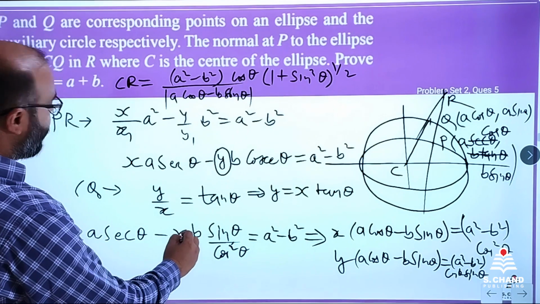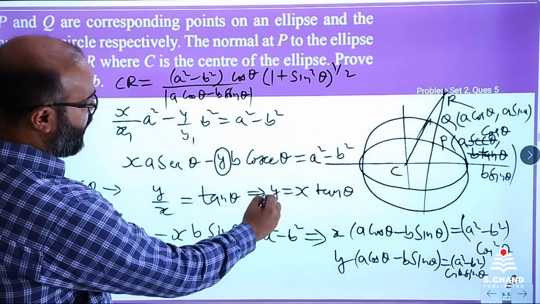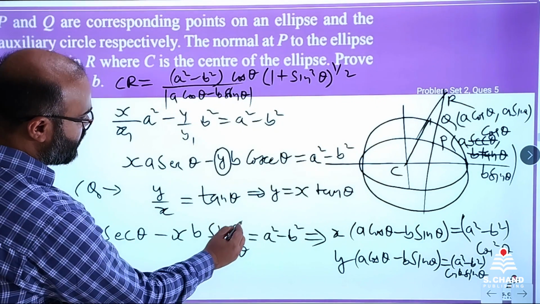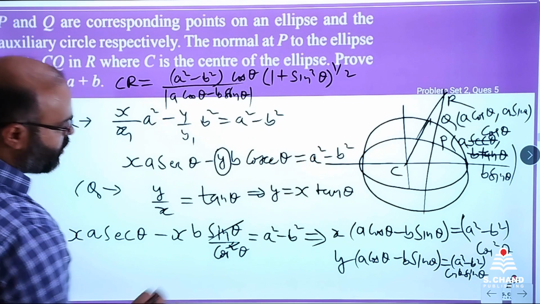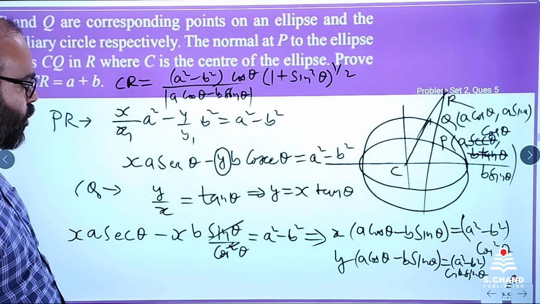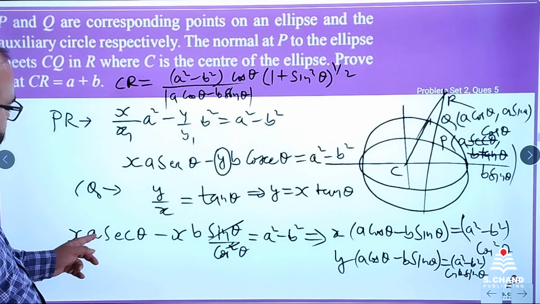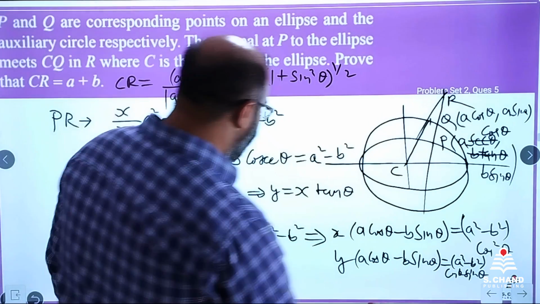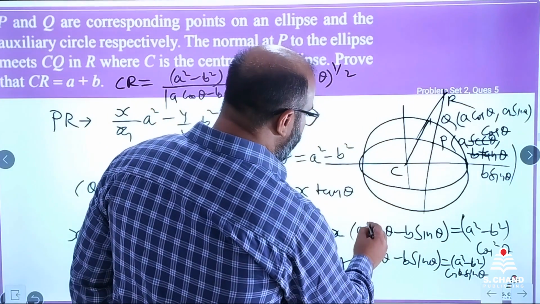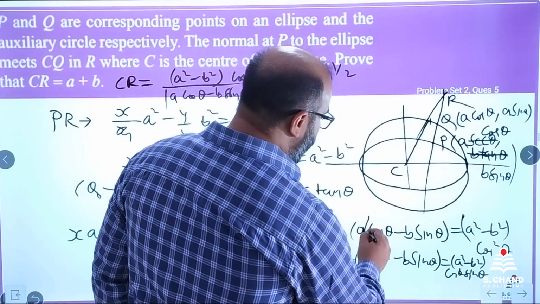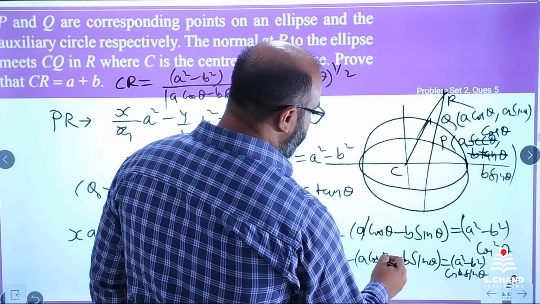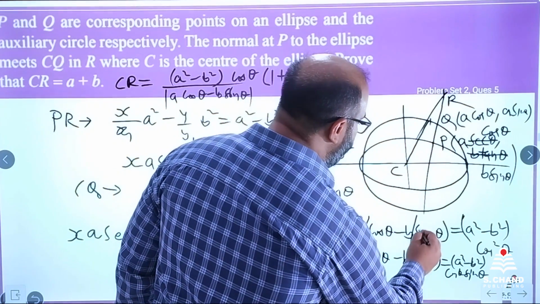So this becomes xb sin theta by cos theta by sin theta. So this sin theta won't be there, and there is one cos theta which will not be there, because sin theta and sin theta will cancel. And this will finally become xa minus xb, and there won't be a cos theta, it would be a by cos theta and b by cos theta.